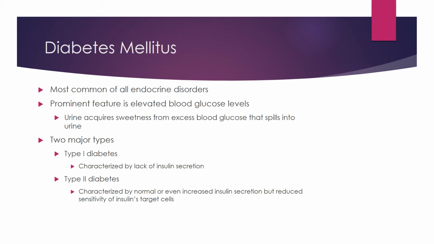Diabetes mellitus is the most common of all the endocrine disorders, and this is due to elevated blood glucose levels. As a reminder, elevated blood glucose levels stimulate an increase in insulin secretion to decrease blood glucose levels back to normal.